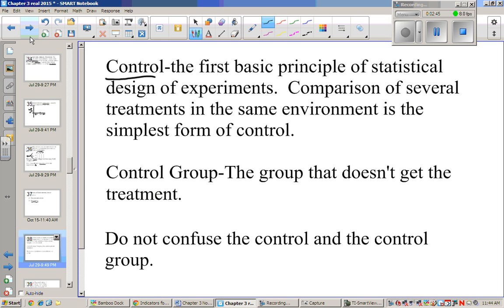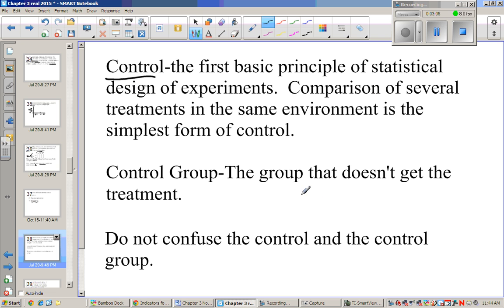Now, control is a comparison of several treatments in the same environment. So if you're just modifying one thing, we can see that that one thing is what's causing the response that we're measuring. Now, the control group is the group that doesn't get the treatment.